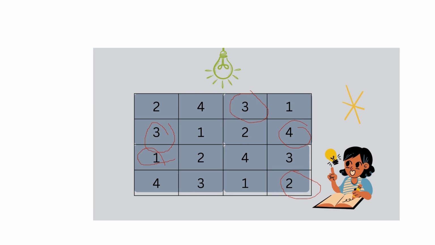If we put 1 there, it will be right, because we don't have any 1 in this row. But if we put it here, we have 1 there, so this will not obey the Sudoku rules. So we put 1 there and then 3 there. The rest we completed the same way. We check the rows and columns for any repetition of the numbers, and our Sudoku puzzle is solved.